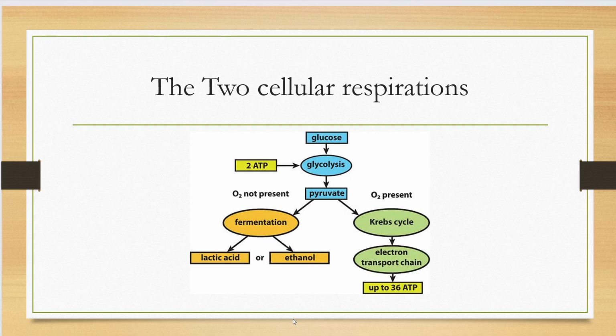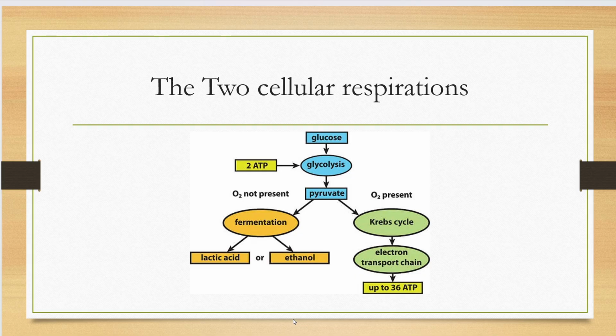And since the oxygen is present, it then goes to the Krebs cycle, which is the citric acid cycle as well. It has two names, and it takes place in the mitochondrial matrix.